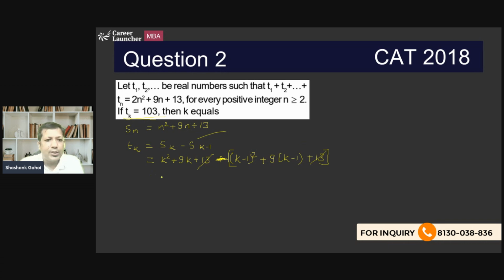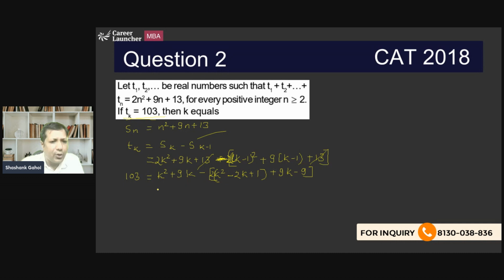Now this is going to be equal to k square plus 9k, and let me write it is equal to 103. Okay, minus k minus 1 whole square is going to be k square minus... okay, I'm sorry, I made a mistake, it should be 2 times k square minus 2k plus 1, plus 9k minus 9.